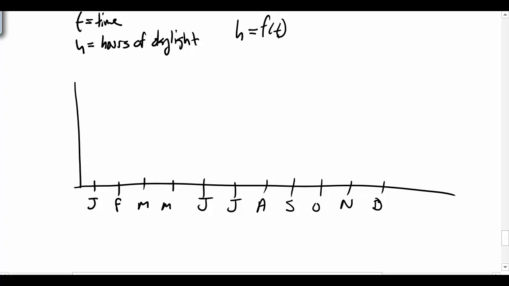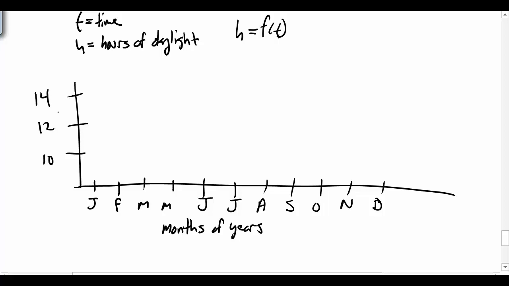So I'm just going to label the 12 months of the year, and then I'm going to label the y-axis with numbers of hours. The smallest we got was somewhere around 10. Then in the middle we had 12, and then 14.